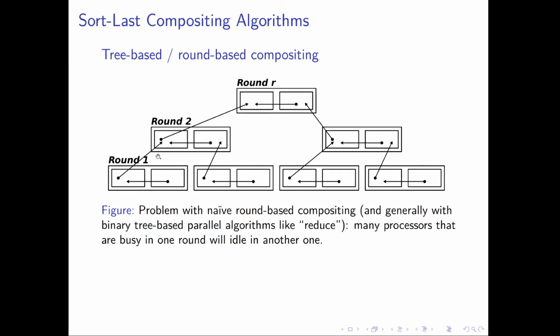So that's not really so bad. We also have distributed the number of concurrent messages. We have fewer concurrent messages now because we subdivided this into rounds, and the number of concurrent messages actually halves per round.